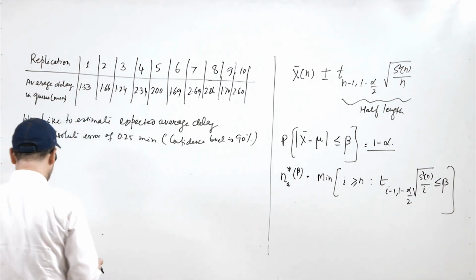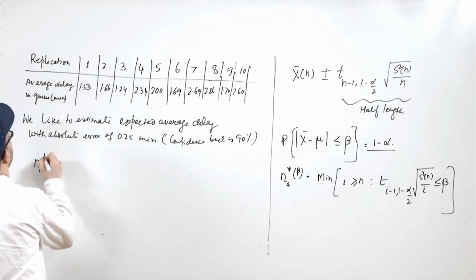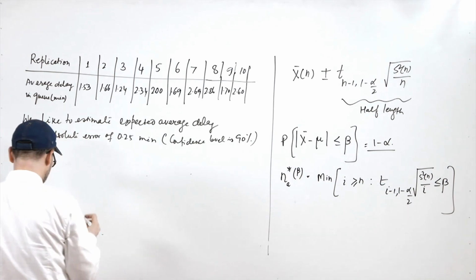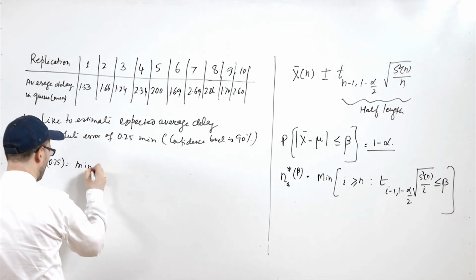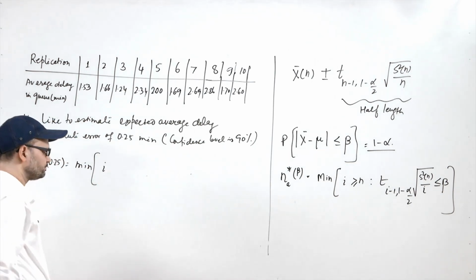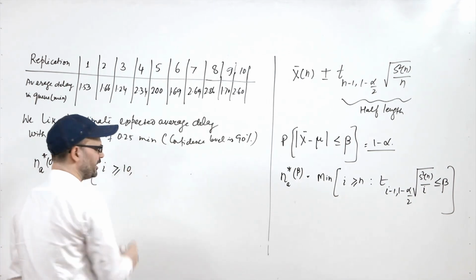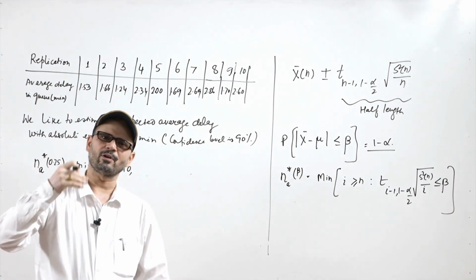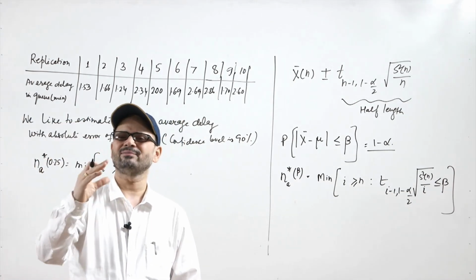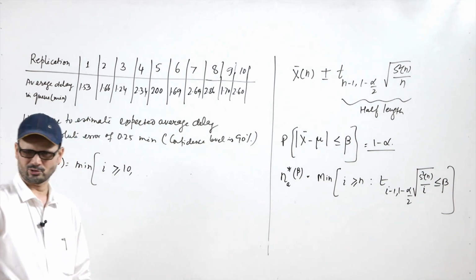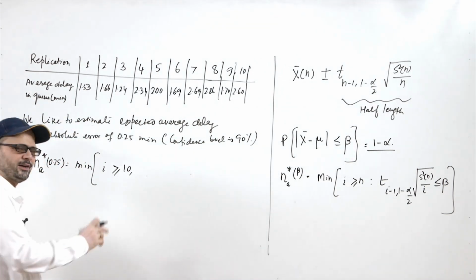So, in that case what will happen? You have to find some number of replications where you get the value of 0.25; it will be the minimum number of replications that is more than 10. Already we have started from 10. After that you have to go, because at 10 you see an absolute error close to 0.3 or so, but you have to bring it down to 0.25.